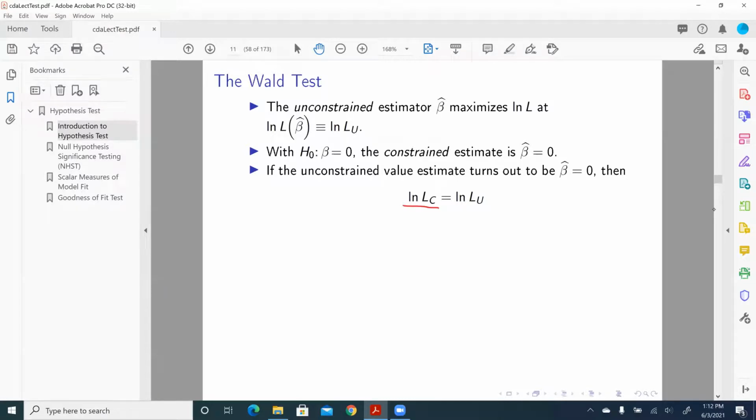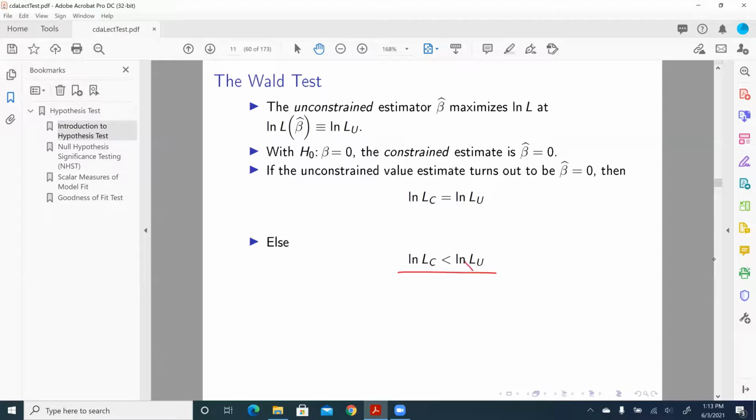That is, if we run the unconstrained model and it turns out that beta equals 0, then these two are going to be equal in theory. Otherwise, the log likelihood of the constrained model is always going to be smaller than that of the unconstrained model, because the unconstrained model is more complicated.